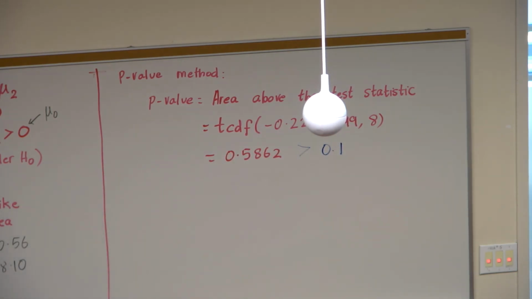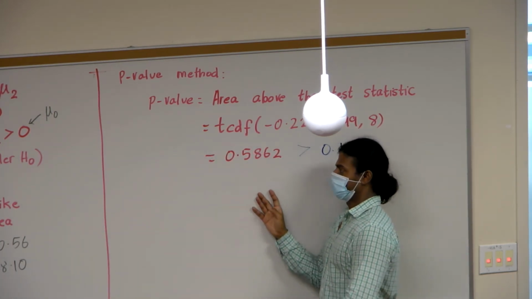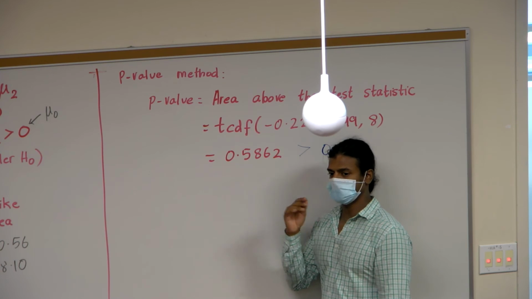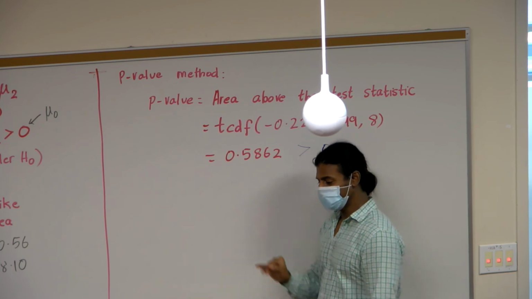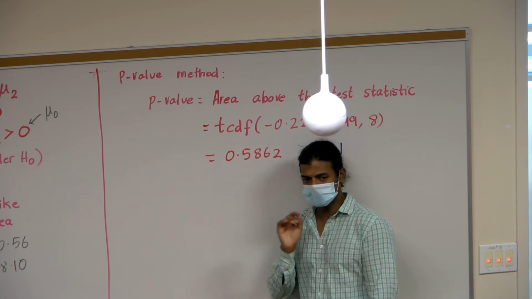At the onset, we wanted to say, well, the maximum amount of error under the null that I'm willing to tolerate in rejecting the null is about 10%. But what does the data tell us? Well, if I concluded that I reject the null based on the evidence that I have, the probability that I'm going to be wrong is 58.62%. Would you make a conclusion knowing there is a 58.62% chance that you could be wrong?